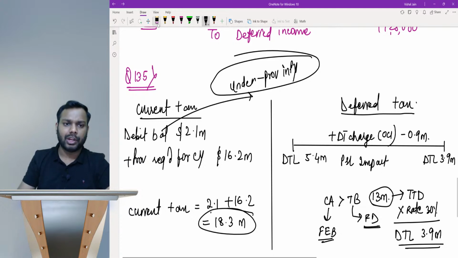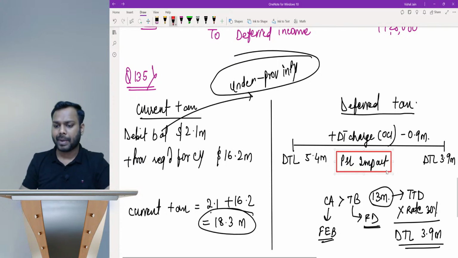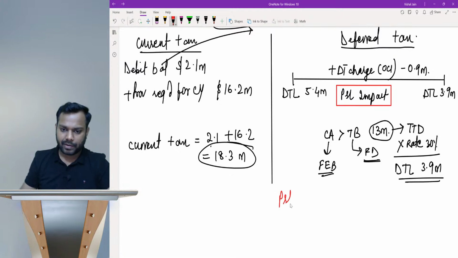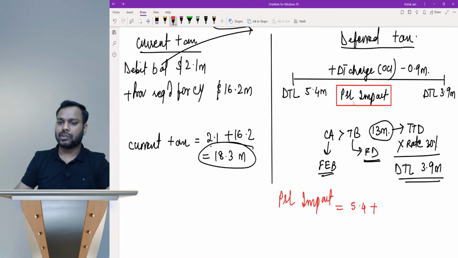That's your question. You have to find what your P&L impact is. The answer to that is very simple. Your P&L impact is opening, that is 5.4, plus charge during the year 0.9, minus closing 3.9.